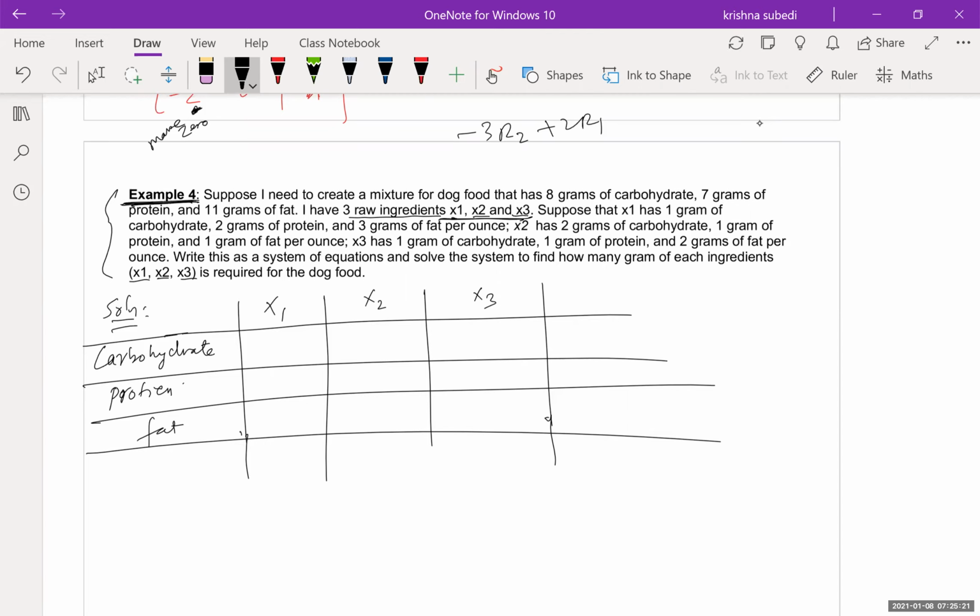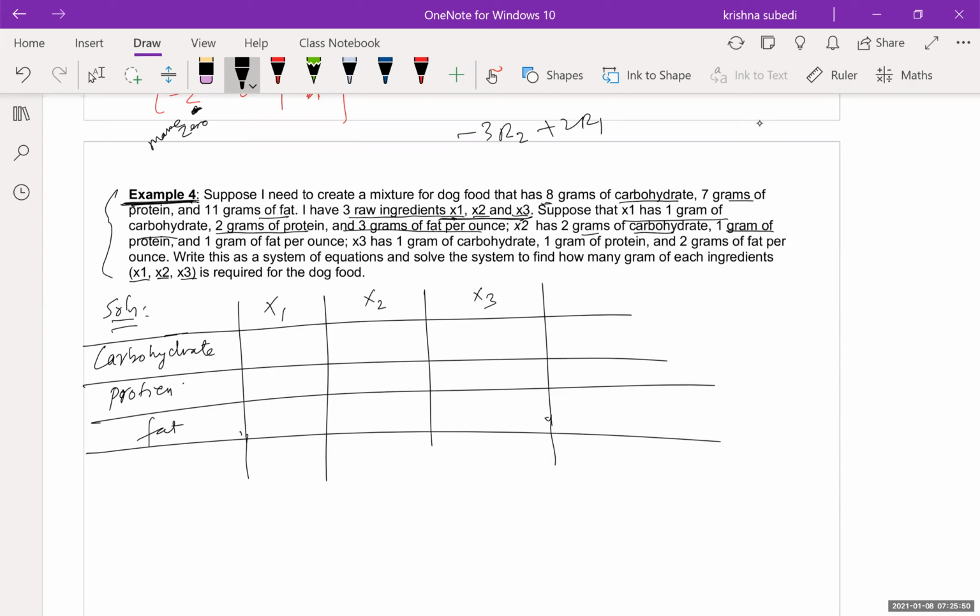We need to create a mixture for dog food that has some grams of carbohydrate, some grams of protein, and some grams of fat. I have 3 raw ingredients, x1, x2, x3. Suppose that x1 has 1 gram of carbohydrate, 2 grams of protein, and 3 grams of fat per ounce. x2 has 2 grams of carbohydrate, 1 gram of protein, and 1 gram of fat.